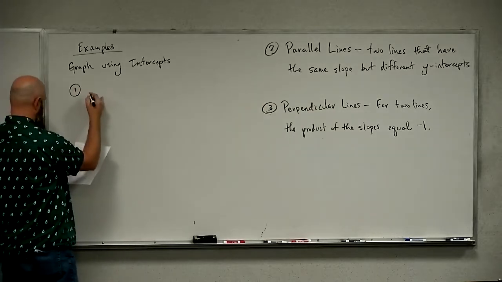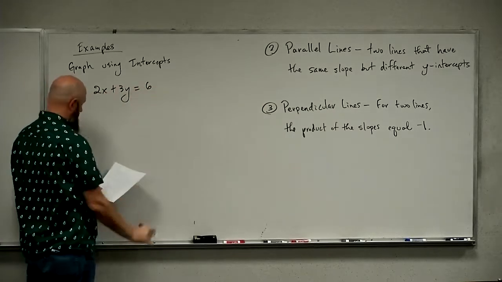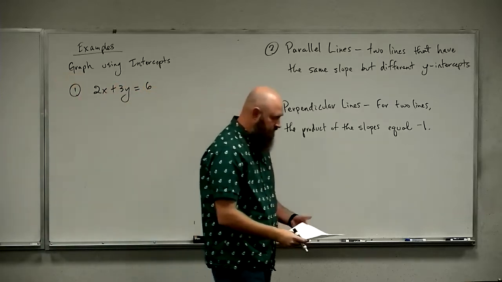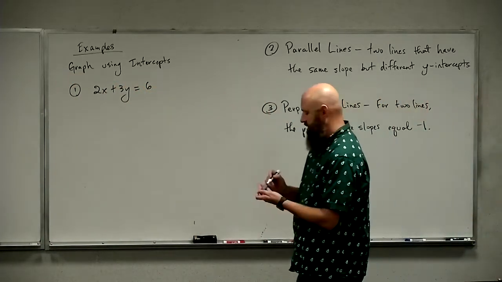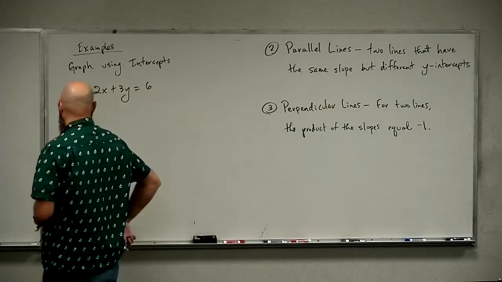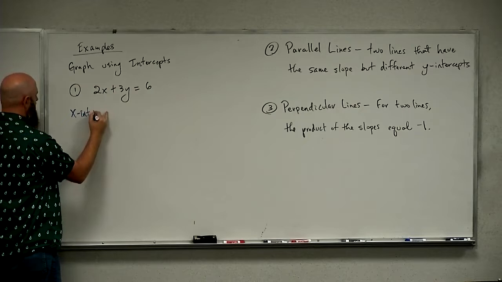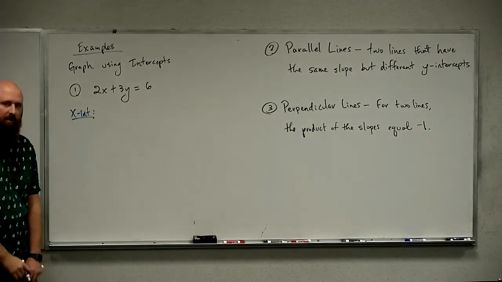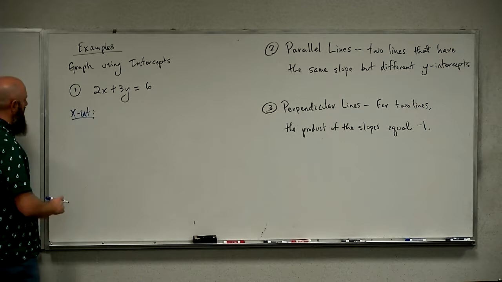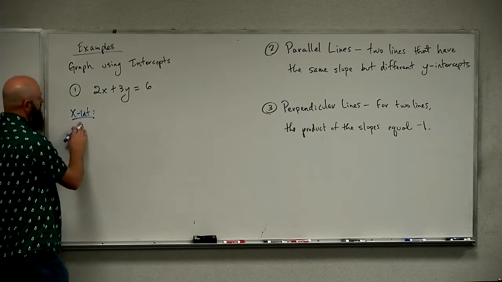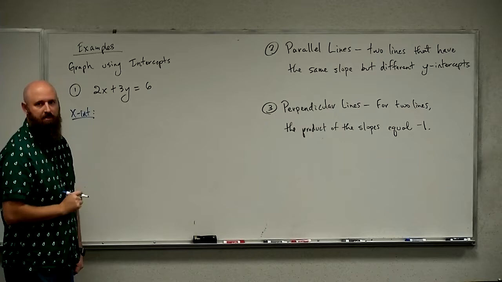All right, so number 1 here, we have 2x plus 3y equals 6. Okay. All right, so let's find those intercepts. Okay, so let's start with the x-intercept. I'm going to use x-int there for intercept as an abbreviation, to keep us from having to write. Well, if we're looking for the x-intercept, that means if we go back to the definition, that y must be 0.